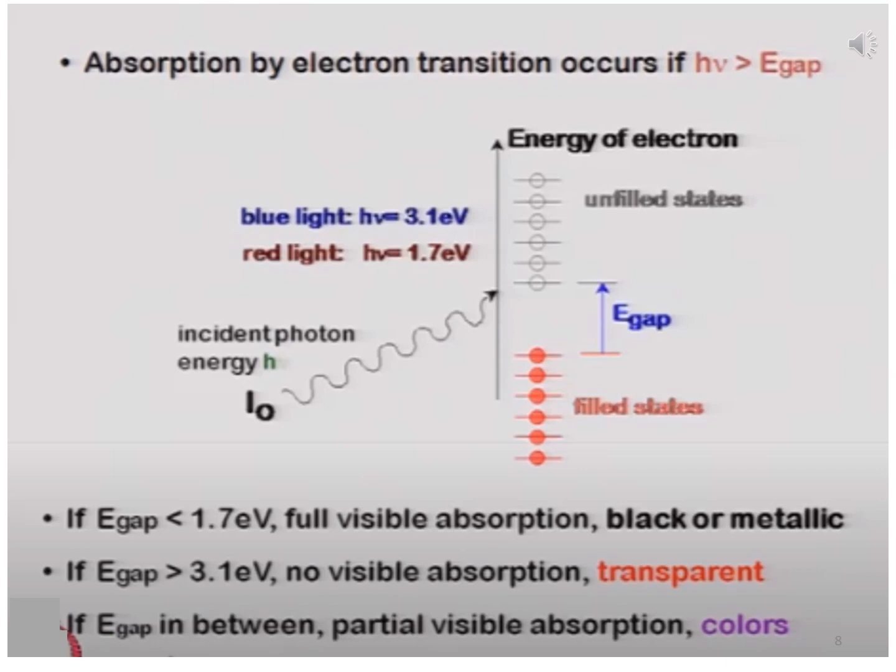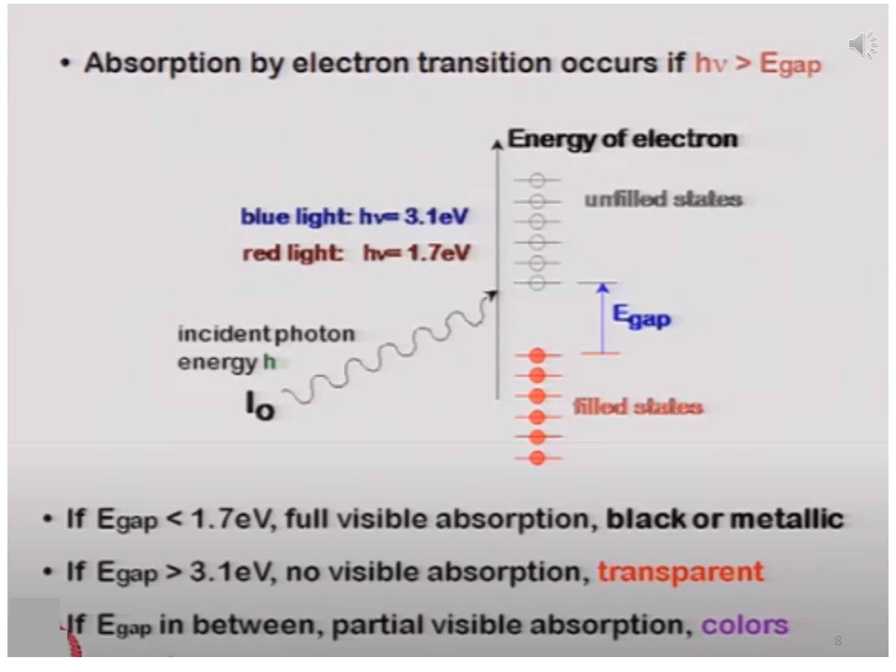If the band gap is greater than 3.1 electron volt, which is the maximum energy within the visible region, then there is no absorption in the visible region, because the visible light energy is smaller than 3.1 electron volt, and so you will see a transparent material.